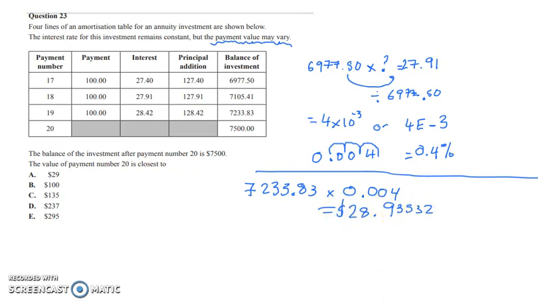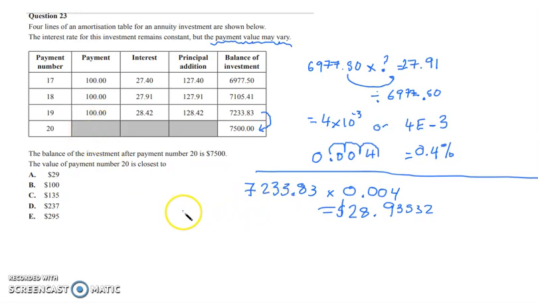We only round right at the end. Now we've got this value of 7233.83. If we add onto that value the interest, the difference that is left will be how much extra payment we've made. So this over here is an extra payment.